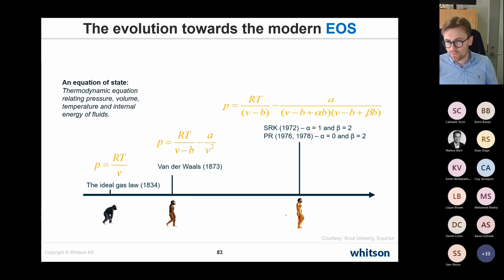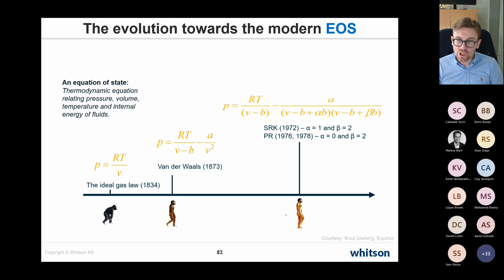These are the two versions we use in the industry today, the industry standard equations of state, used 99.9999999% of the time if you're using an equation of state.